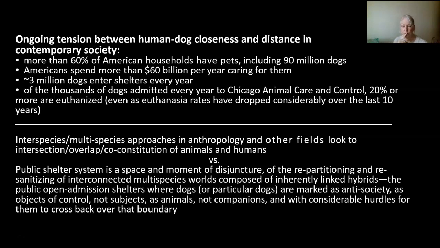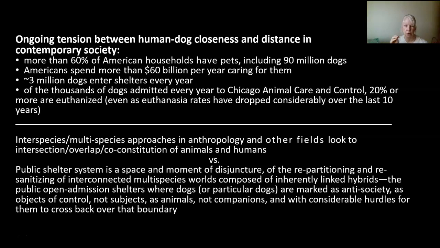So to me, that tension, I've summed up on the bottom of the slide here. On the one hand, we have these interspecies and multi-species approaches in anthropology and other fields that are really looking at the ways in which animals and humans intersect, overlap, even co-constitute one another, right?